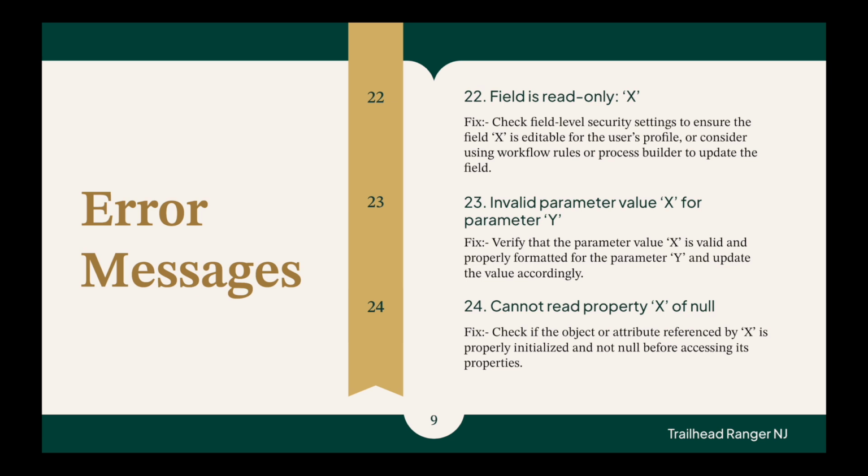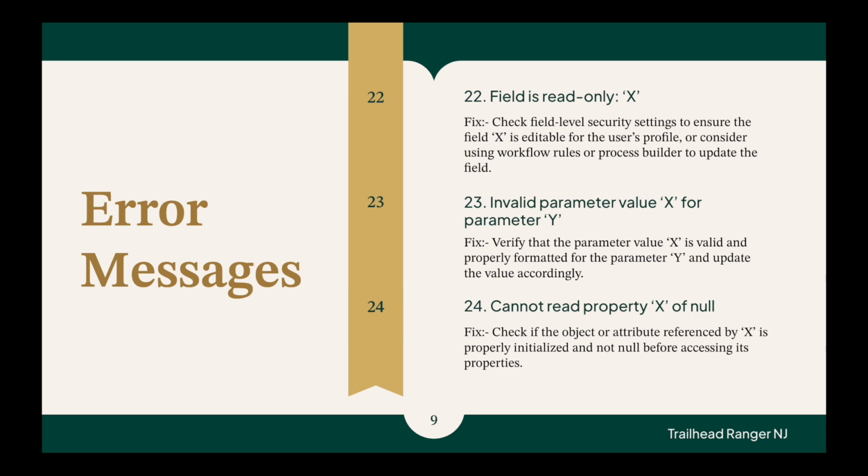The next error message could be "cannot read property X of null." That is, we are getting the property X value as null, and it is not readable because we are not reading a null value.